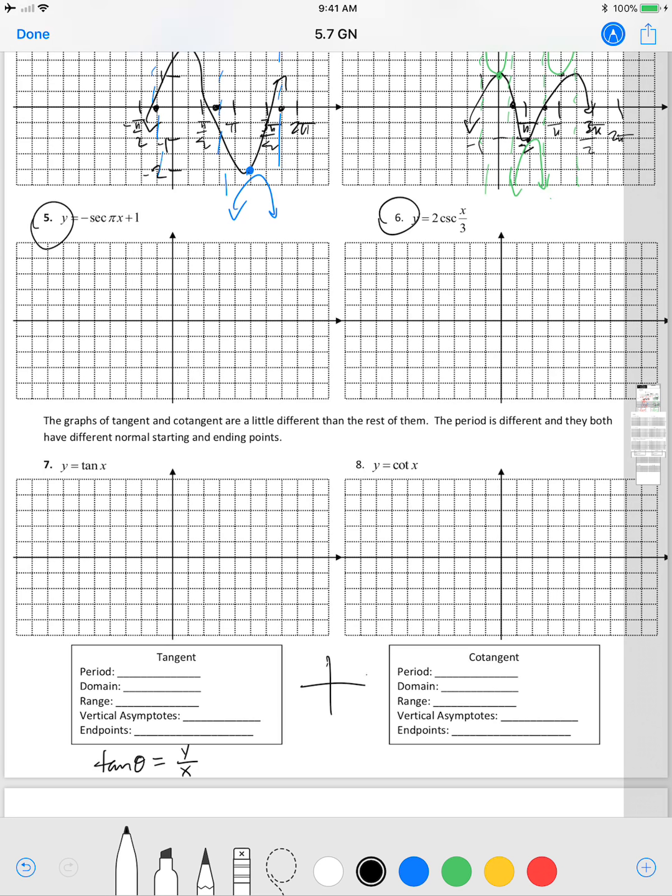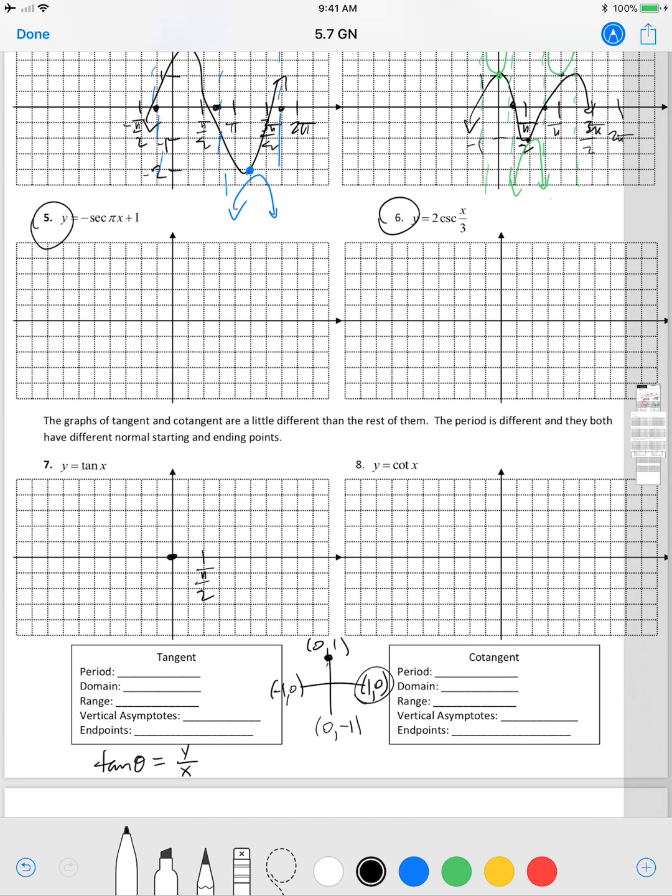So if I'm looking at the terminal points from my unit circle, y over x means that I am equal to 0 at 0. At pi over 2, here, I have 1 over 0.